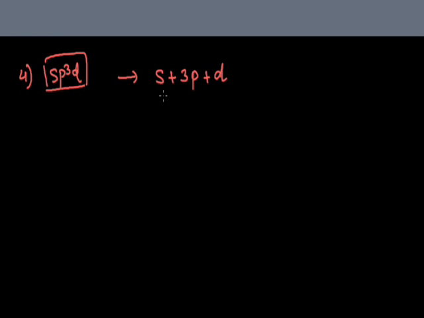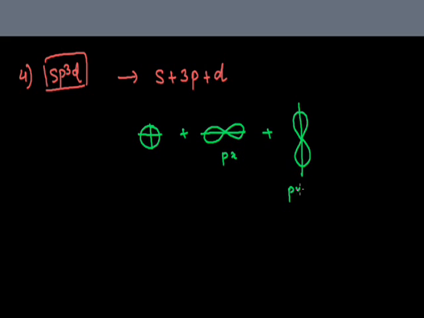Next type of hybridization is sp3d hybridization, where intermixing of 1s, 3p and 1d orbital takes place. It is intermixing of s, 3p orbitals, px, py and pz orbital, along with one of the d orbitals, say dz square.